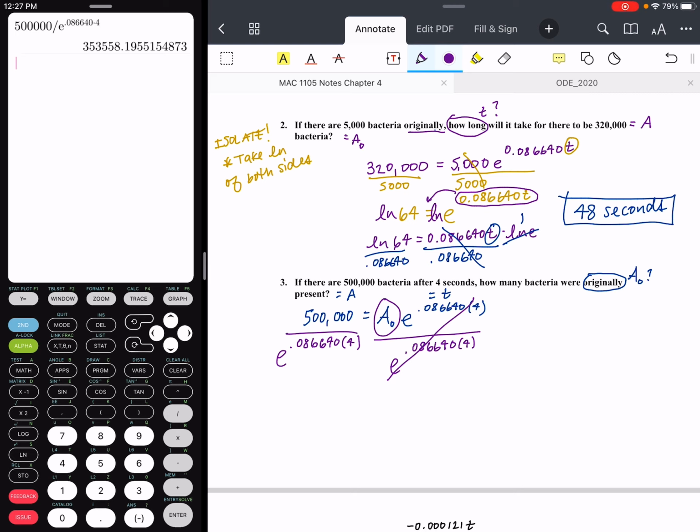And rounding to the nearest integer, 353,558. So approximately 353,558 bacteria were originally present.